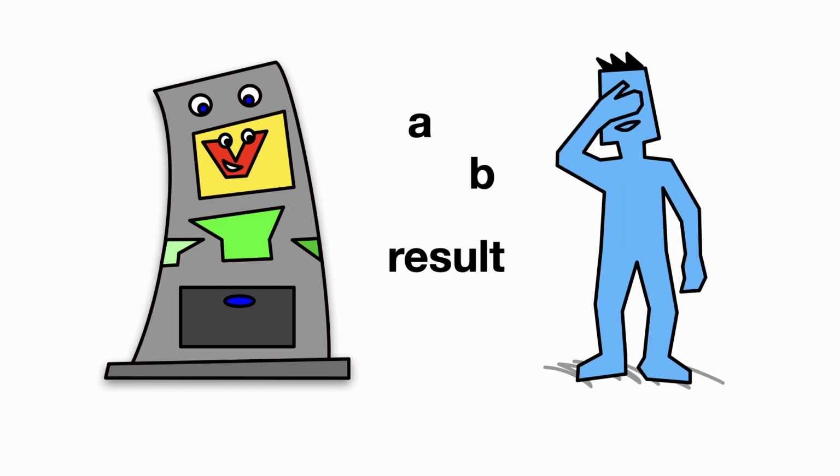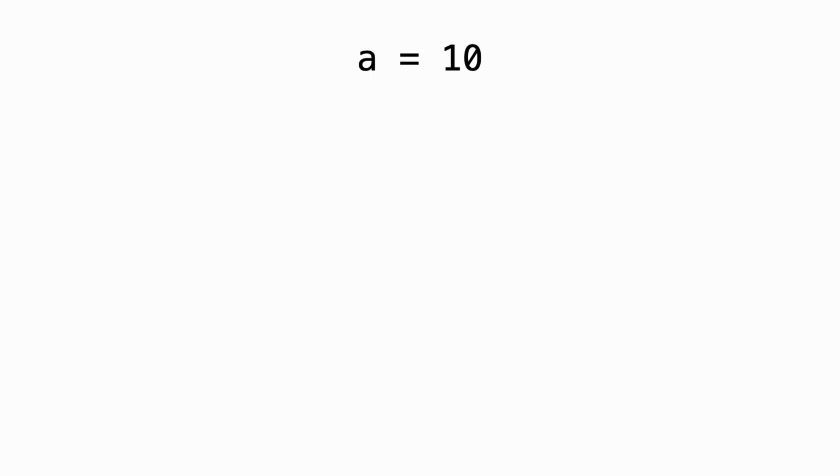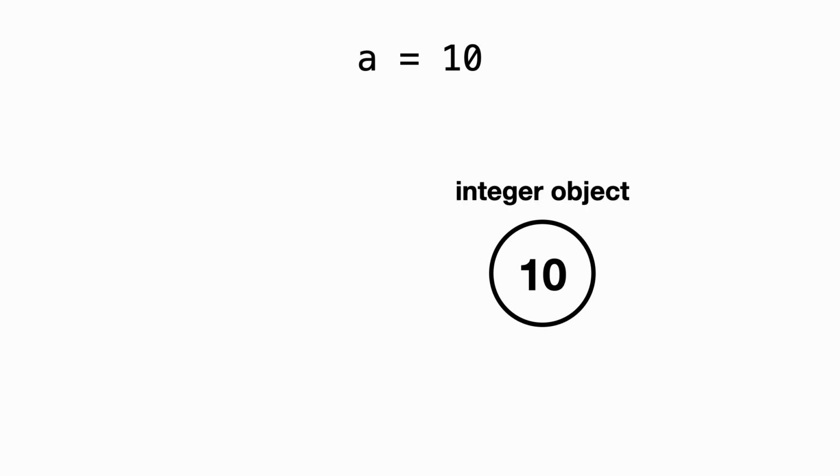And now I can show you how they work in Python. This code creates a variable with value 10. But what happens exactly when the code is executed? An object with value 10 is created. Notice that although Python is a dynamic language, the object is of type integer.